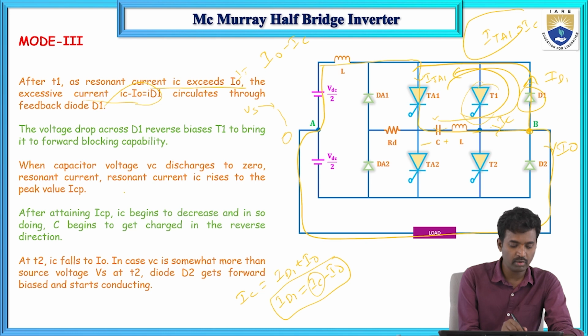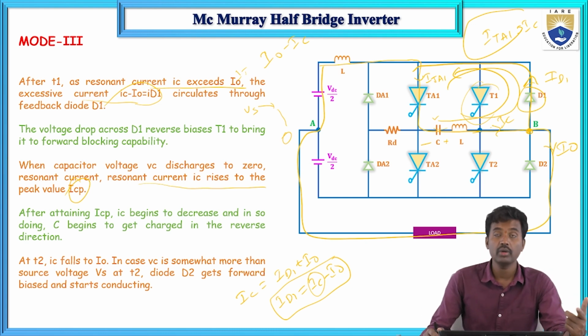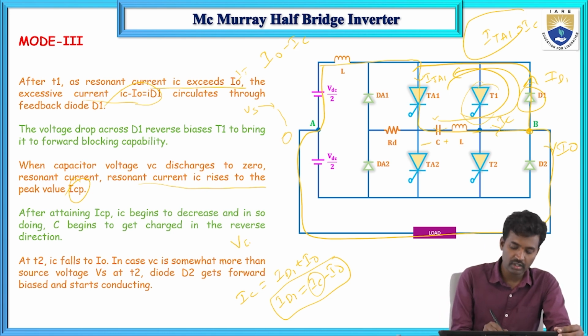The capacitor current increases and exceeds the load current I naught, and when it reaches ICP, VC equals 0, and that is the case.